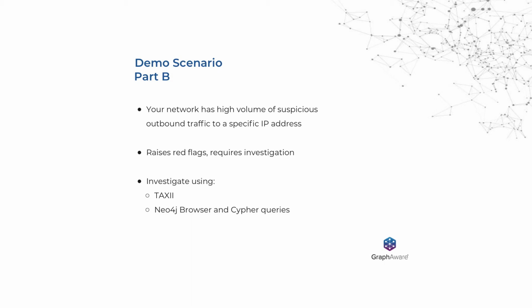This is suspicious and it raises some red flags and it warrants some investigation. Because our organization shares this TAXII instance with partners such as Organization A, we now have a go-to one-stop shop where we can investigate what our partners and allies are seeing in terms of cybersecurity.